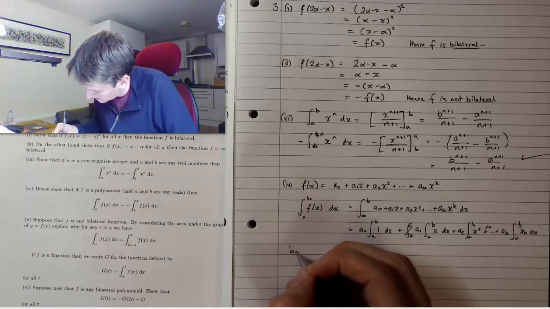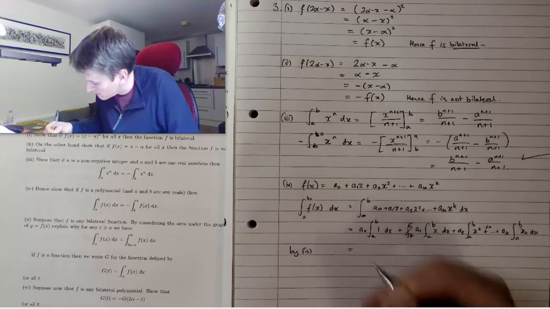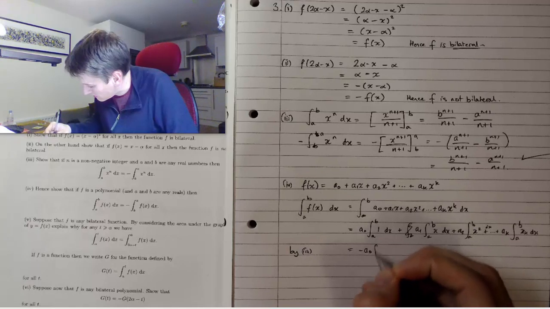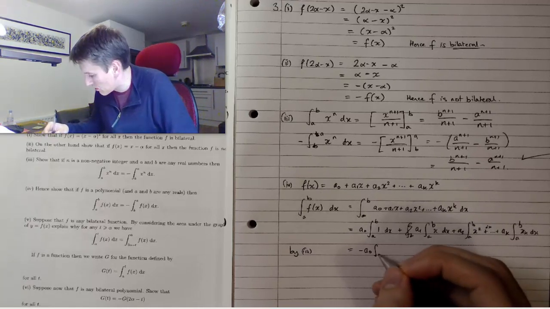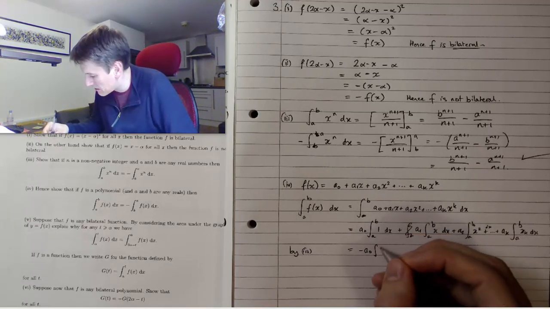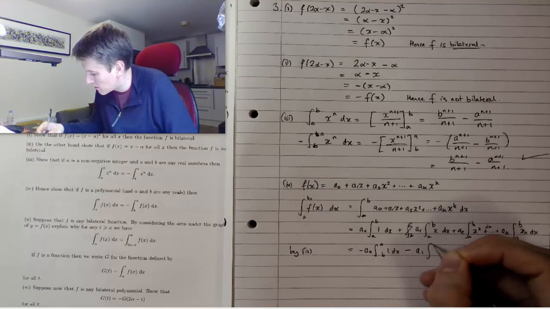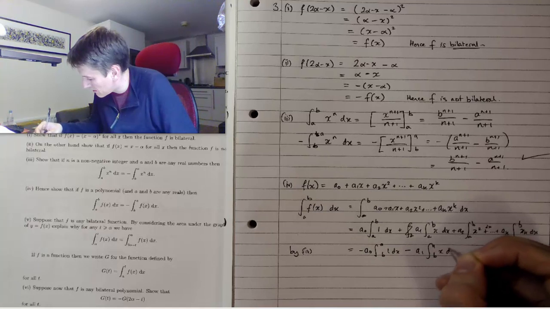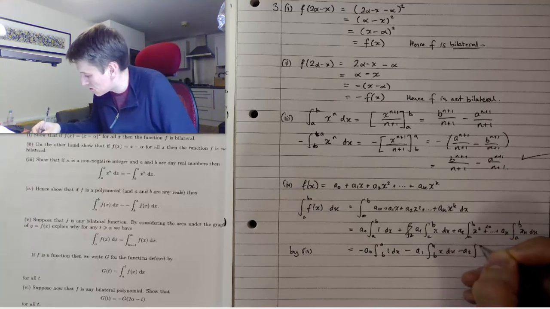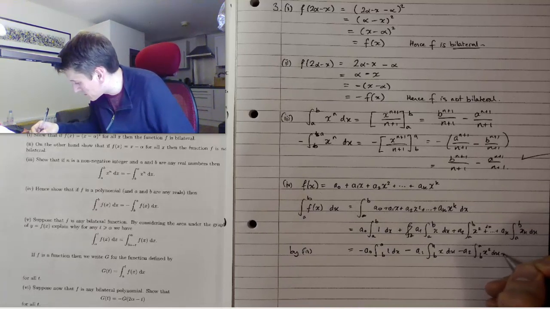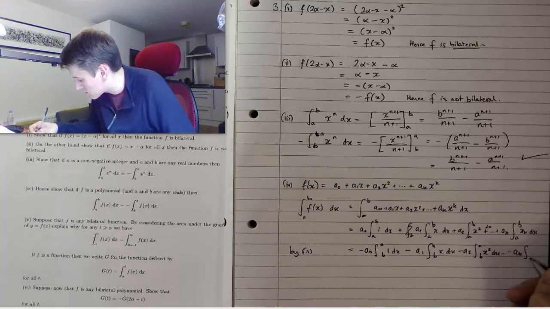And then, by part 3, all of these integrals are equal to minus the same thing with the a and the b reversed: minus a1 times this integral, minus a2 times the integral of x squared with the limits reversed, all the way up to minus ak times the integral with these limits reversed.